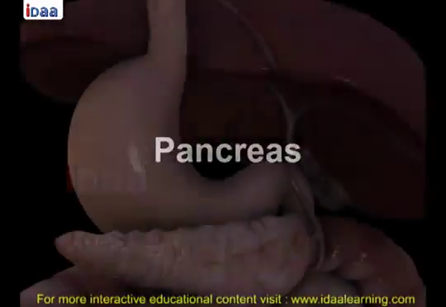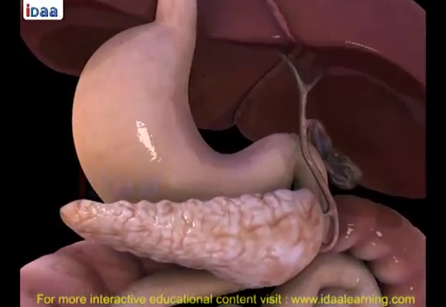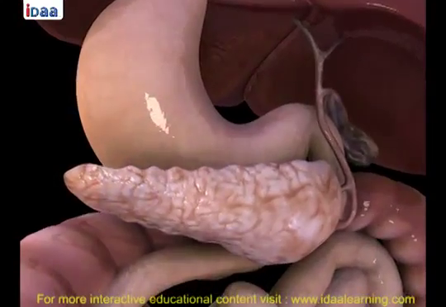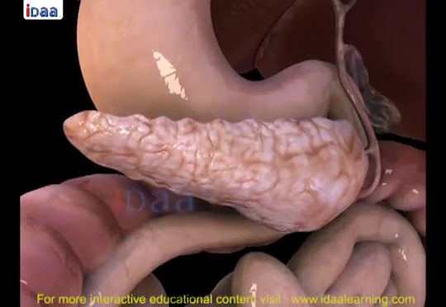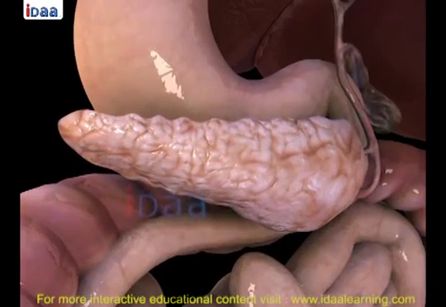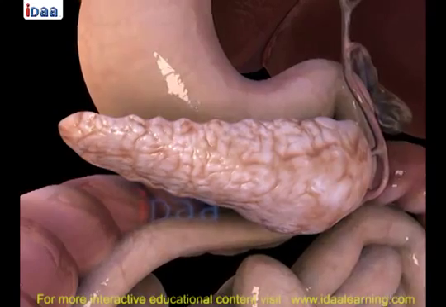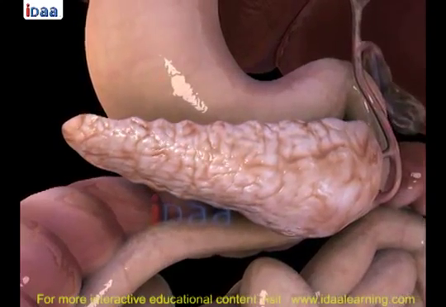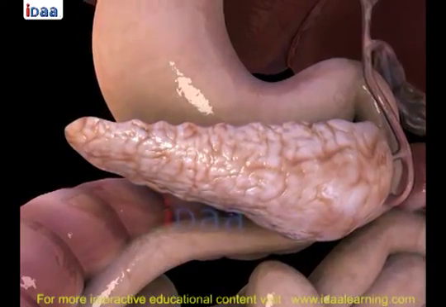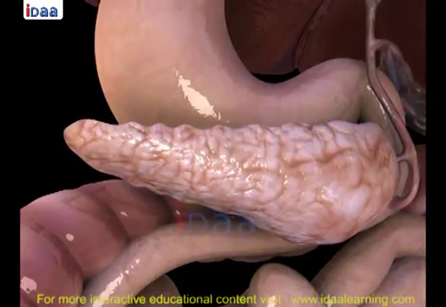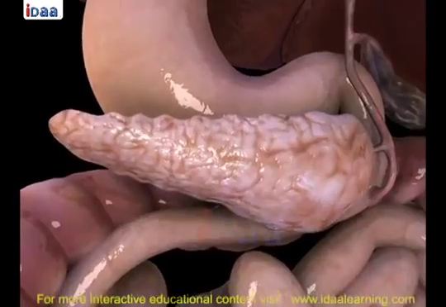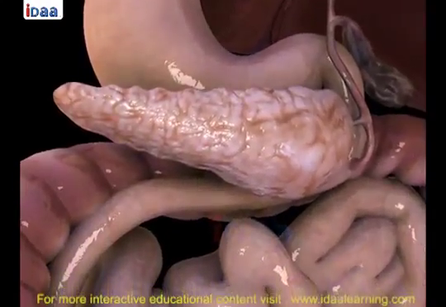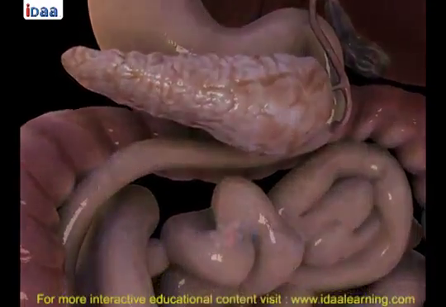Pancreas. The pancreas is a leaf-shaped and cream-colored gland located just below the stomach. It secretes pancreatic juice, which acts on and breaks down carbohydrates, proteins, and fats. After this is completed, the partially digested food reaches the lower part of the small intestine, where intestinal juices act upon the food and complete digestion of any remaining components.